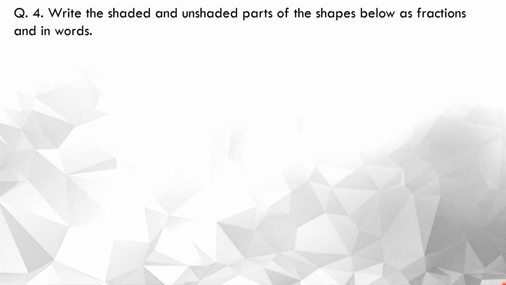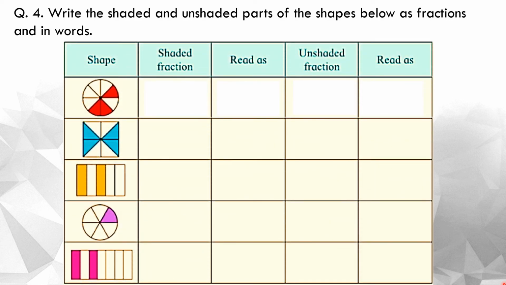Question number 4. Write the shaded and unshaded parts of the shape below as fraction and in words. Students, here some shapes are given. We have to write as a fraction and also in words. Now the shaded fraction.